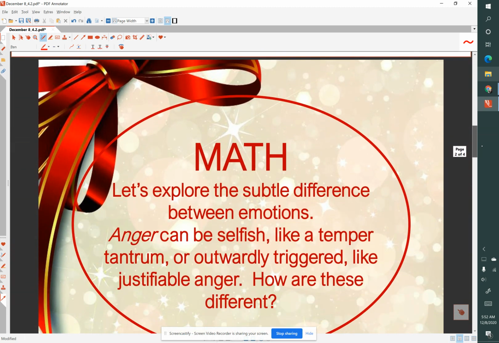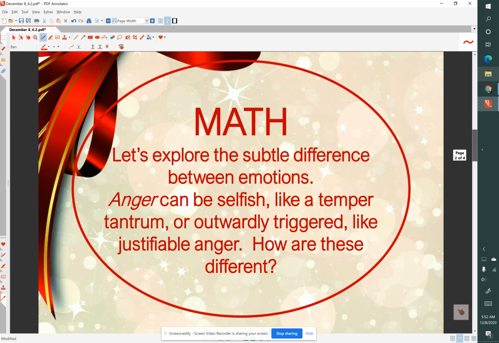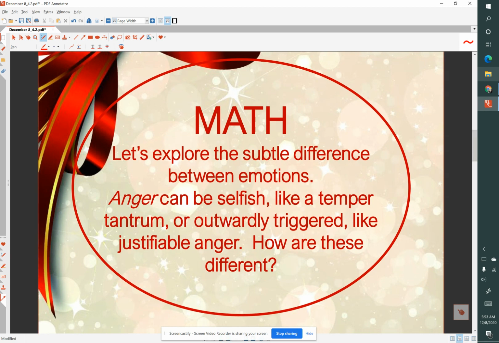So here is our do now. Let's explore the subtle difference between emotions. Anger can be selfish, like a temper tantrum, or outwardly triggered, like justifiable anger. How are these different? When I think of selfish anger, I have a 2-year-old grandson, and oh goodness, when he wants something, he just wants it. It's always something he wants, and he doesn't really have a lot of words yet.